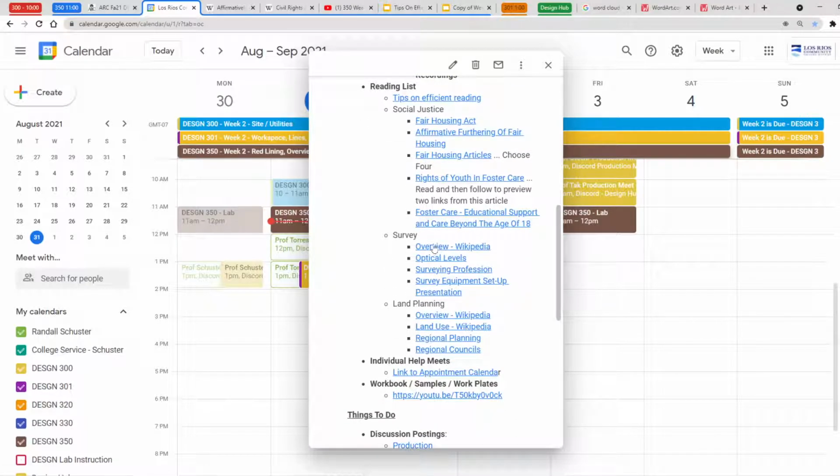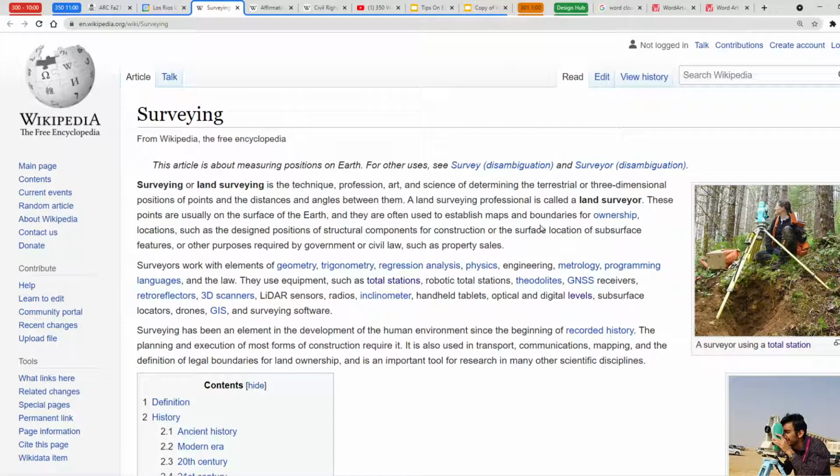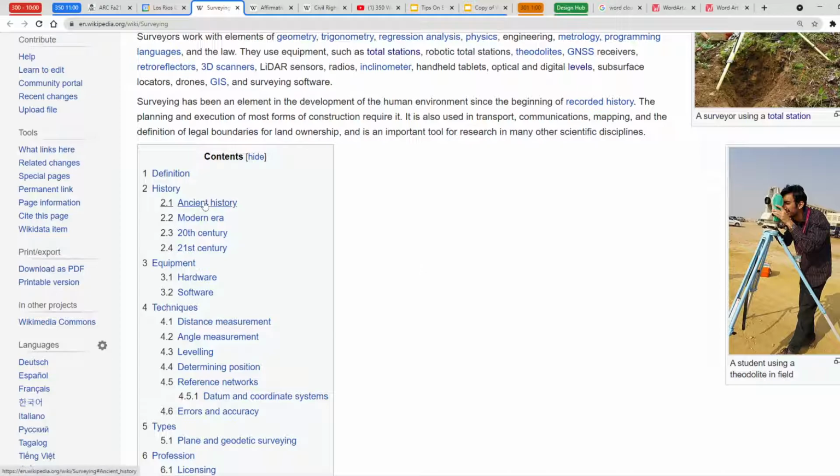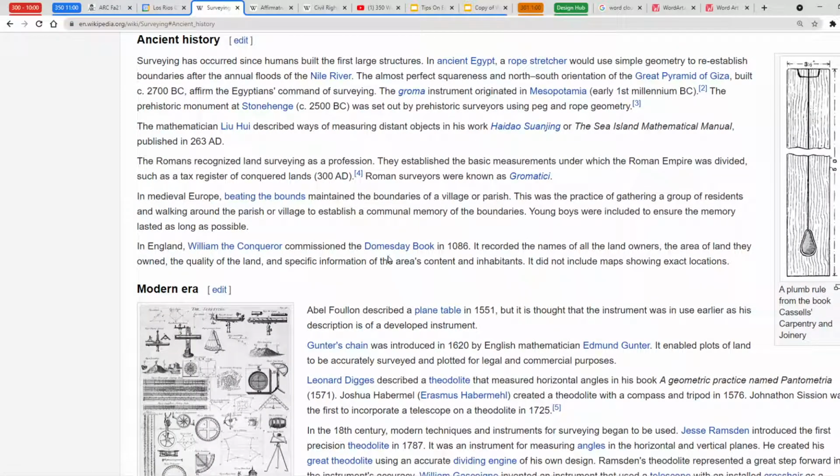So we will talk about survey. Survey is a very old thing, and it's all about who can do what, who owns what, and what are their rights. And I think they just found something even older than this, a tax register from another area, that was all about who owns it and who gets to do what with it.